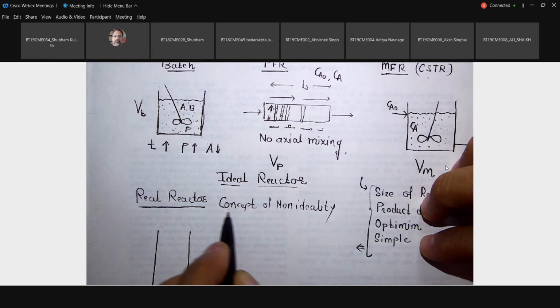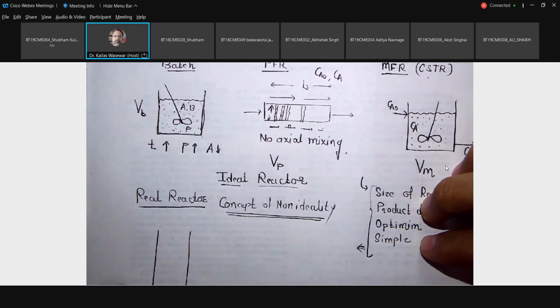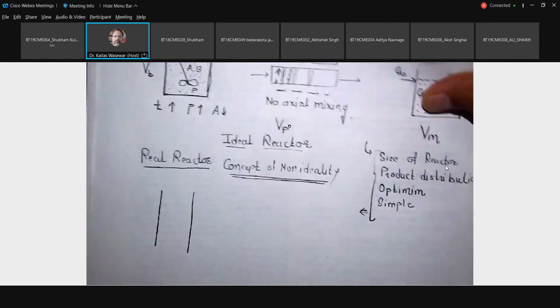And that will be available in the real reactor, not in the ideal reactor. Ideal reactor means there will not be any kind of non-ideality.